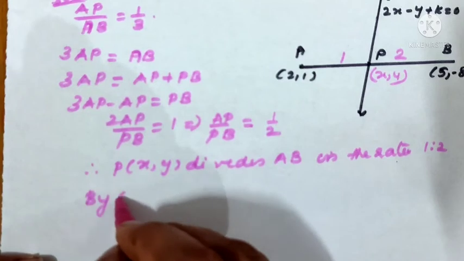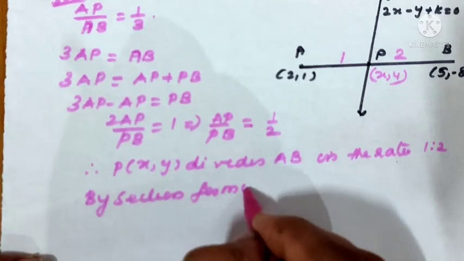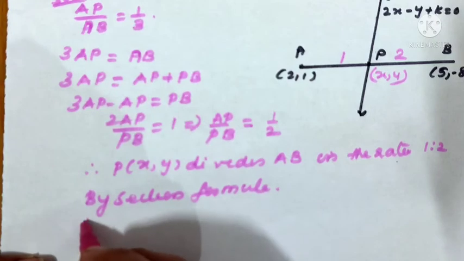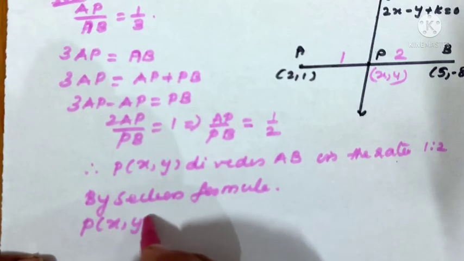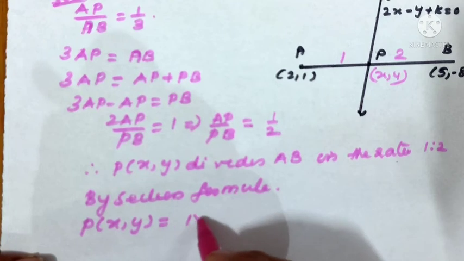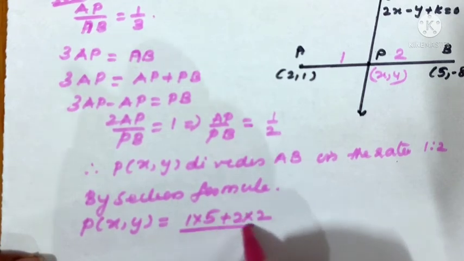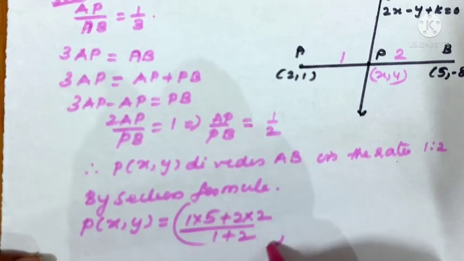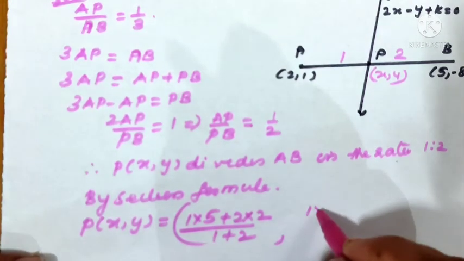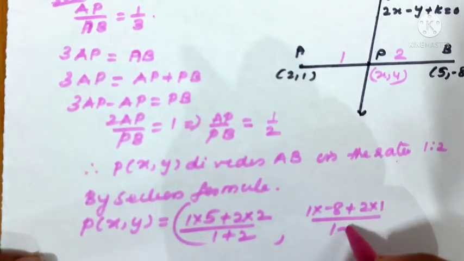Therefore, by the section formula, P(x, y) equals (1 into 5 plus 2 into 2) by (1 plus 2), next (1 into -8 plus 2 into 1) divided by (1 plus 2).